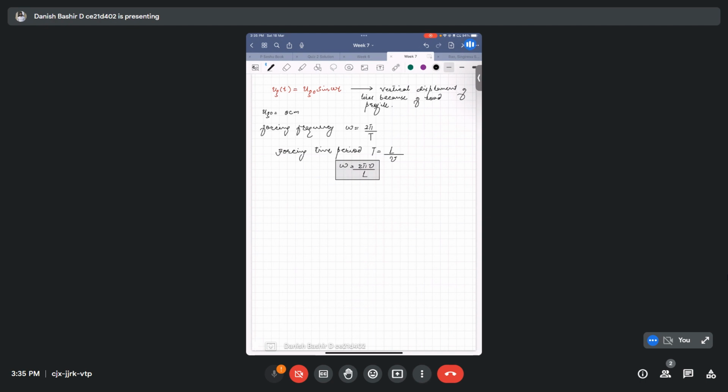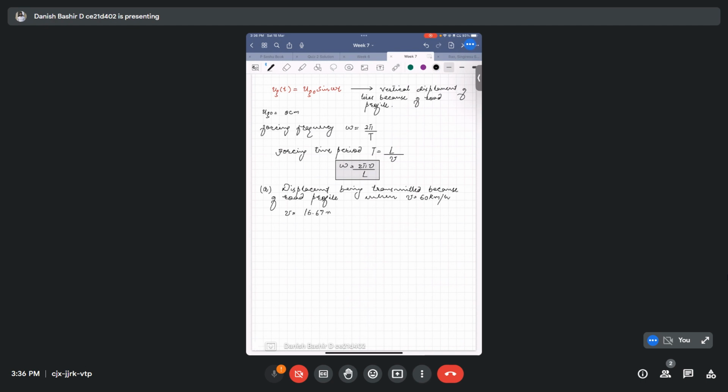First we have to see what vertical displacement is being transmitted to our vehicle because of this road profile when the speed of the vehicle v is equal to 60 kilometer per hour. 60 kilometer per hour in meter per second is 16.67 meter per second.